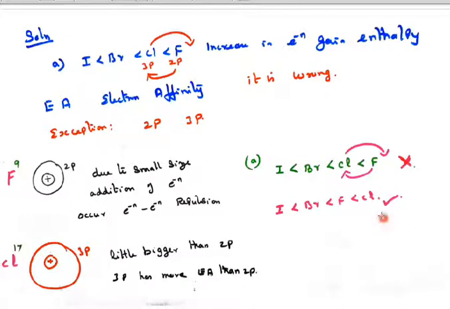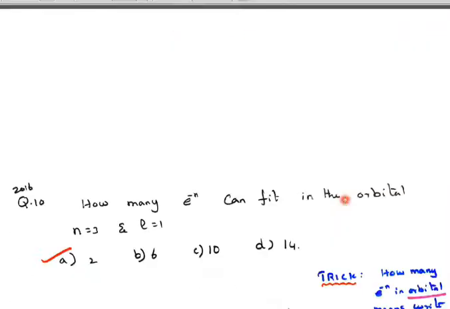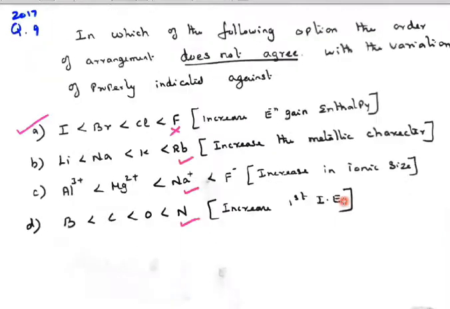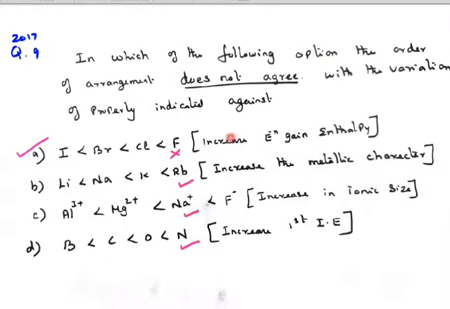So electron gain enthalpy is more for chlorine, less for fluorine, less for bromine, and less for iodine, because from top to bottom it decreases automatically. So fluorine should have a very much lesser gain enthalpy than chlorine, so that is very wrong. Due to the small size, it cannot accept the electrons. That is called electron gain enthalpy.